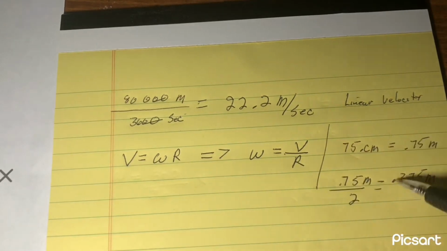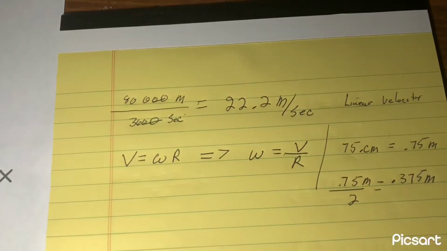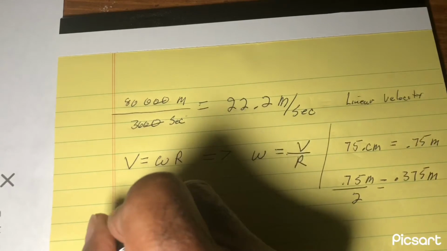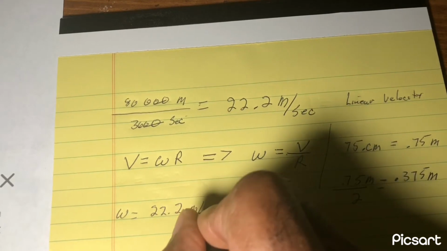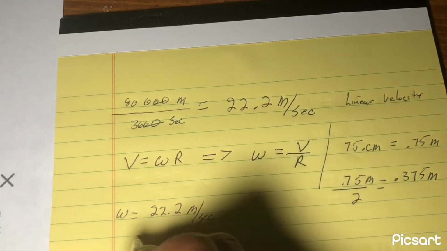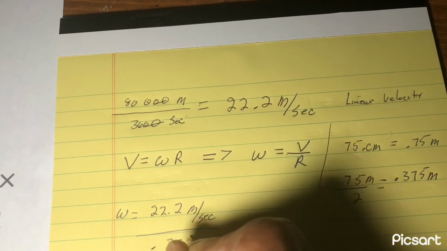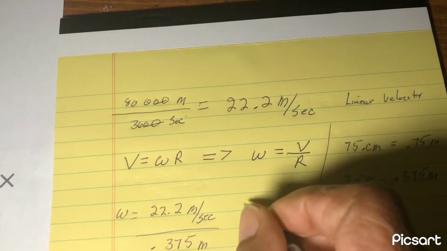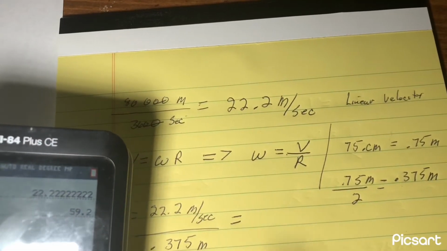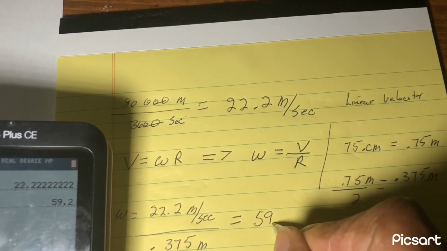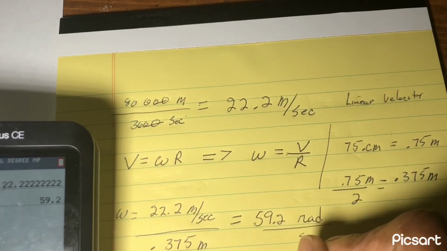So we'll plug in for part A. They're asking for omega, which is equal to 22.2 meters per second divided by our radius, 0.375 meters, and that equals 59.2 radians per second.